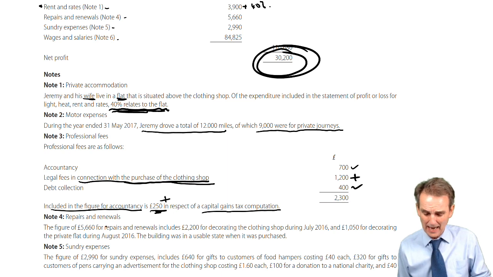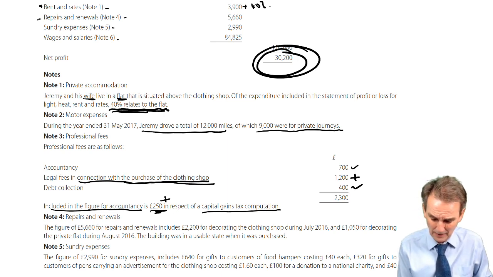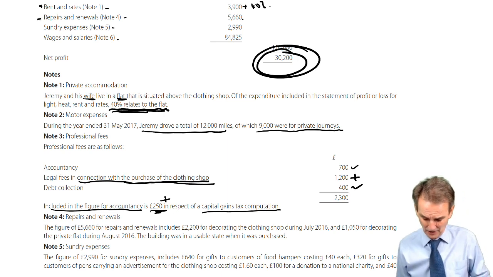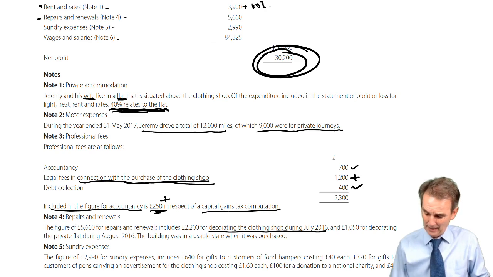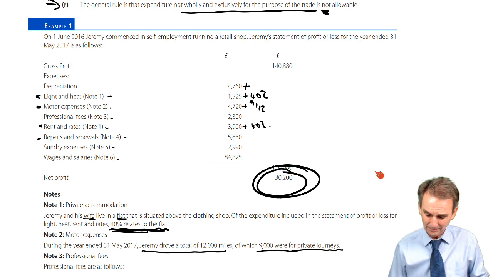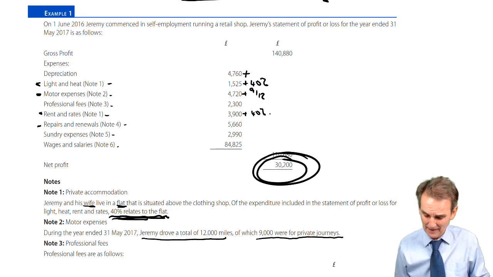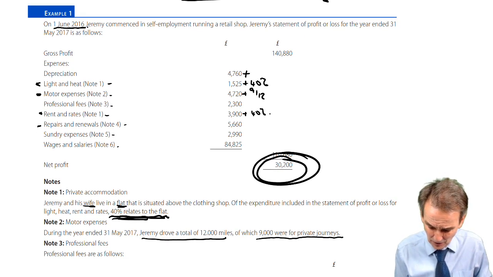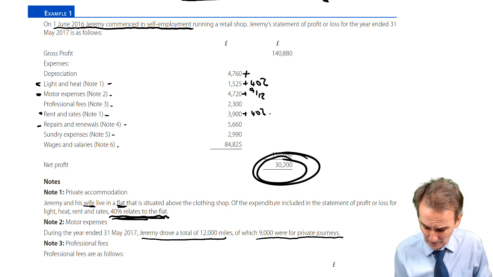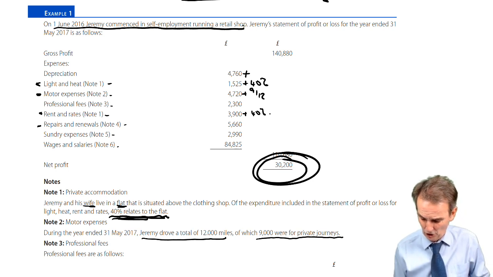Note 4, repairs and renewals. Here we go. We've got 5660 in total. What does it say? The figure of 5660 includes £2,200 for decorating the clothing shop during July 16. Now, the information that we had here about this business, if we look back to the start here, is that on the 1st of June 16, Jerry commenced in self-employment running the retail shop.